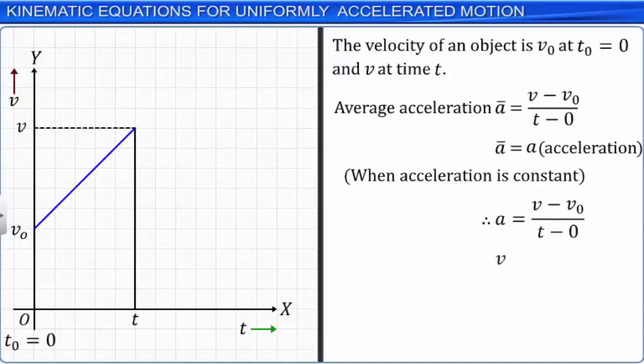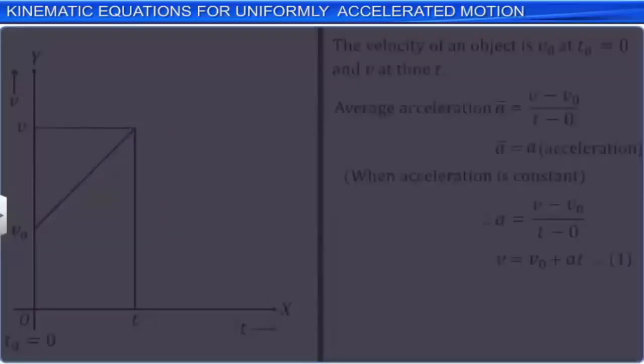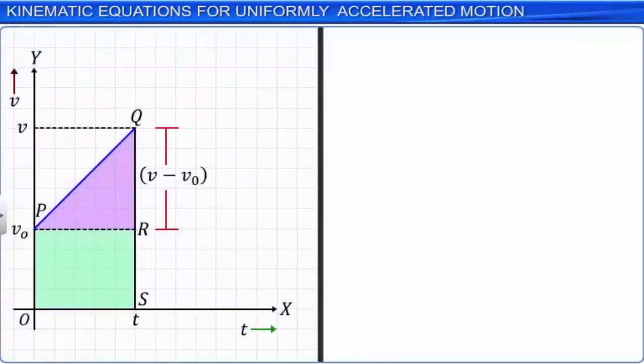The second equation represents the relation between displacement x, initial velocity v0, acceleration a, and time t. The area under the line PQ up to the x-axis represents displacement x.